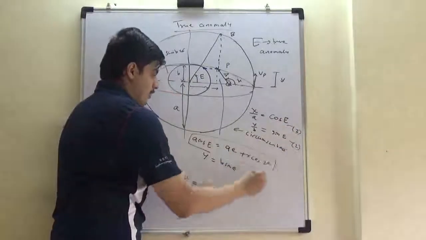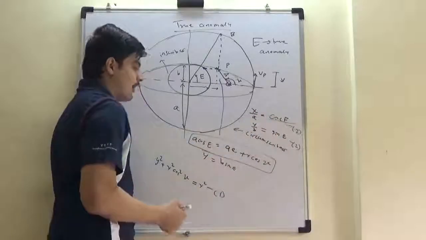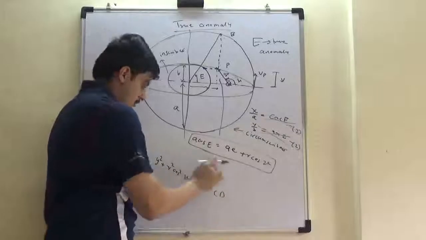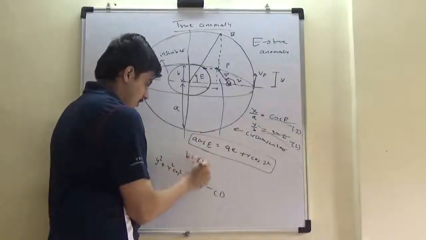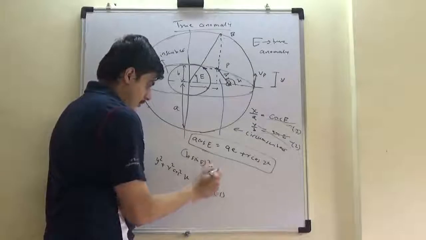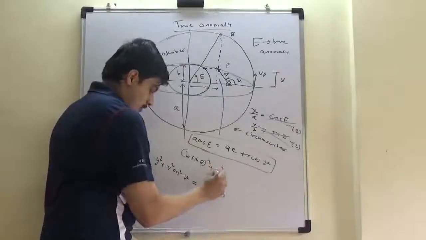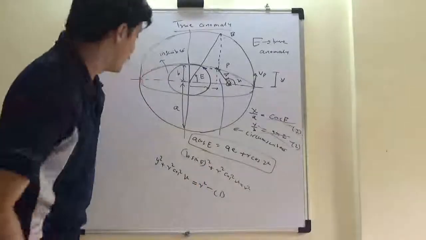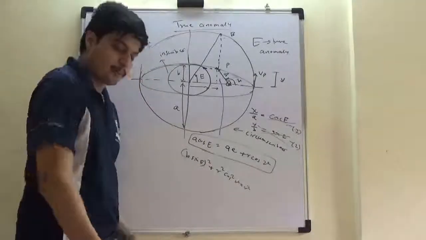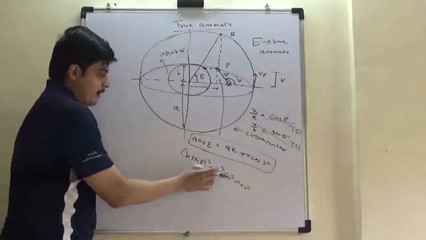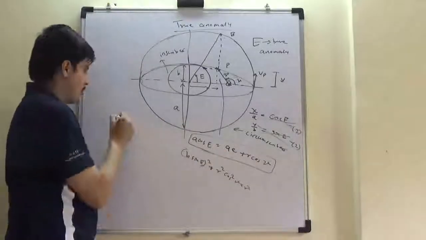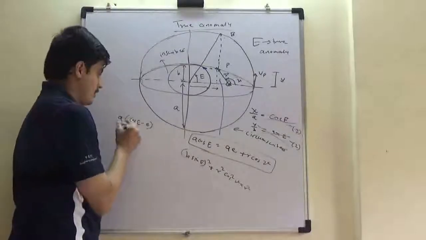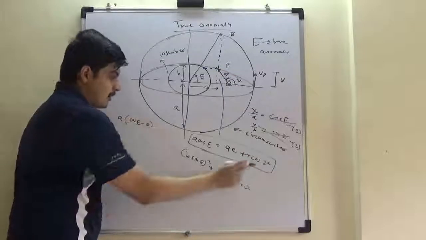We have used this relation already, so this relation is of no more value. We are now using the relation y equal to b sine E and going to substitute it here. So b sine E whole square plus r square cos square mu equals r square. Now these are the only two relations left. How do I process this? I have r cos mu in terms of a: a cos E minus ae is equal to r cos mu.